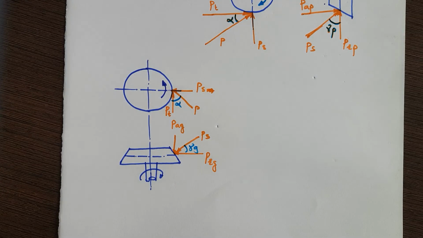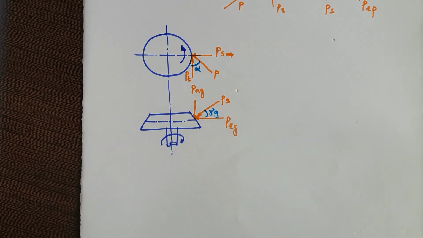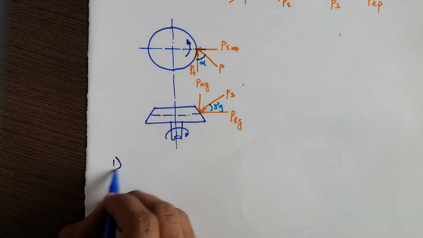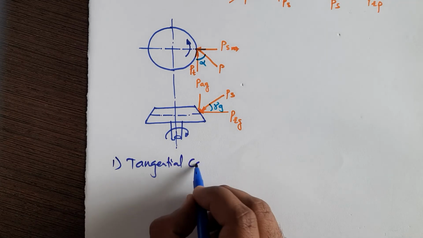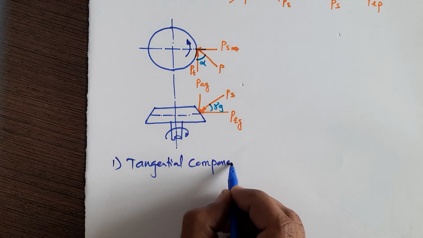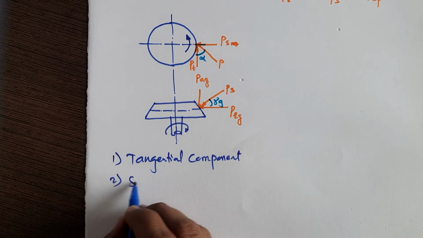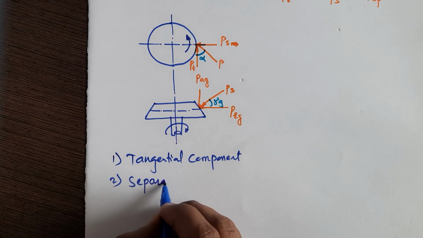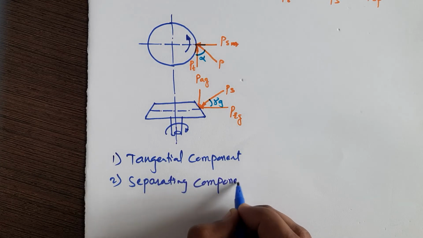Now we'll go in detail about the forces, one by one. So the resultant force is resolved in two components. First is tangential component and second is separating force, or separating component.